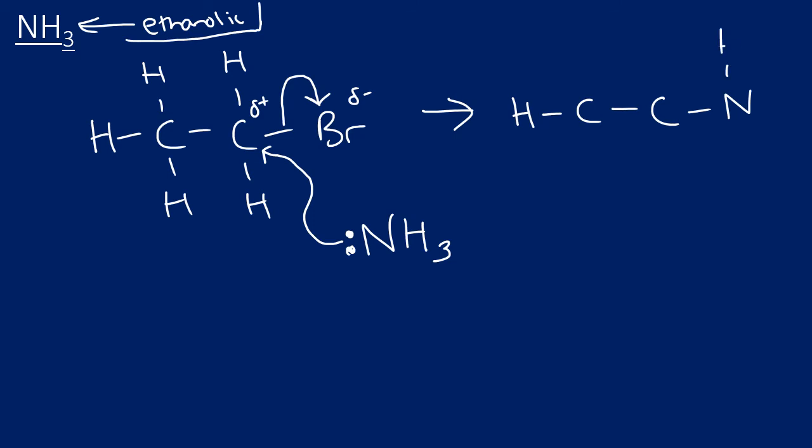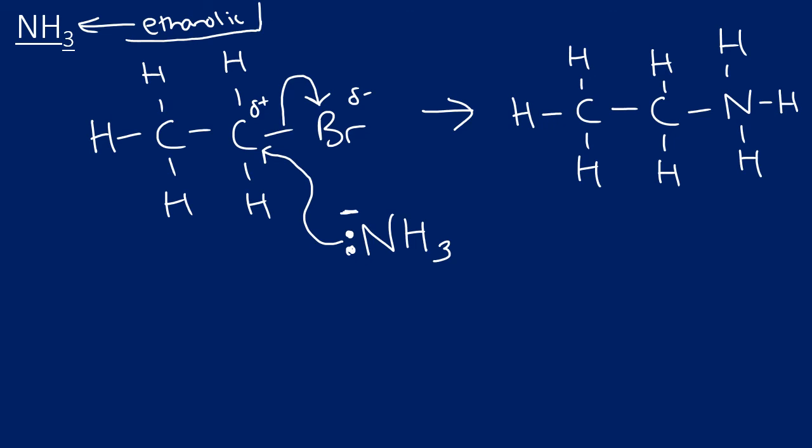Nitrogen is now here. Now I'm going to draw all of the hydrogens on this nitrogen, and I'll explain that in a moment, because this is slightly different to the previous two. The previous two were absolutely identical in every way, but the nucleophile had a negative charge as well as a lone pair.